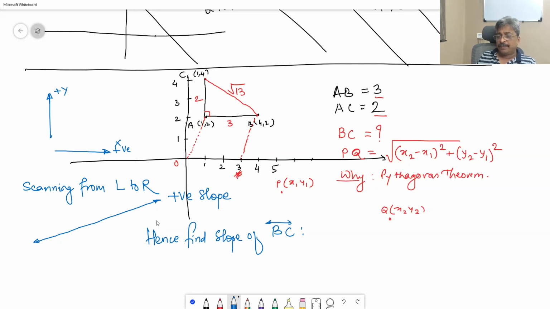Slope by our English meaning also is positive when you are climbing up. Climbing up means positive slope, going downhill means negative slope. This is positive slope, scanning from left to right. And if you are going from left to right like this, it is negative slope.